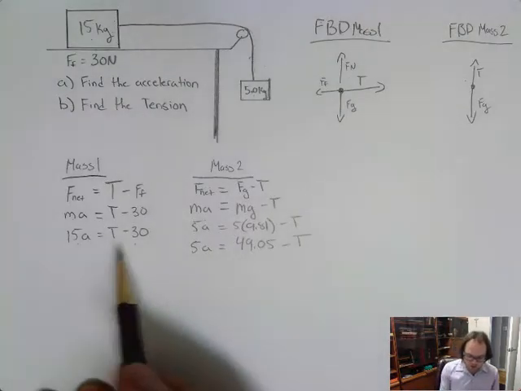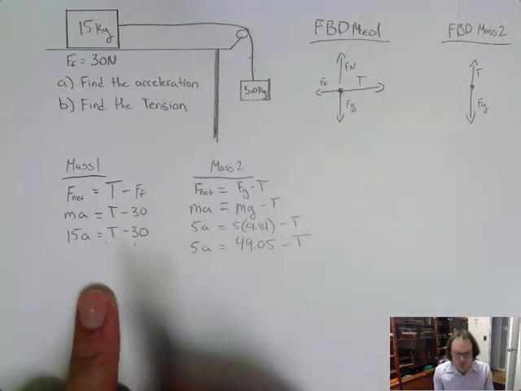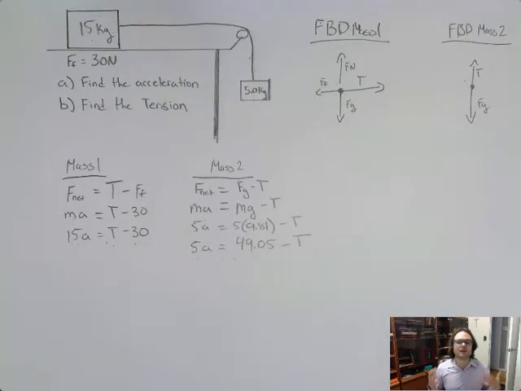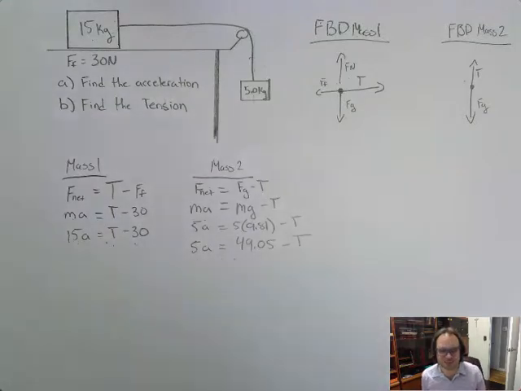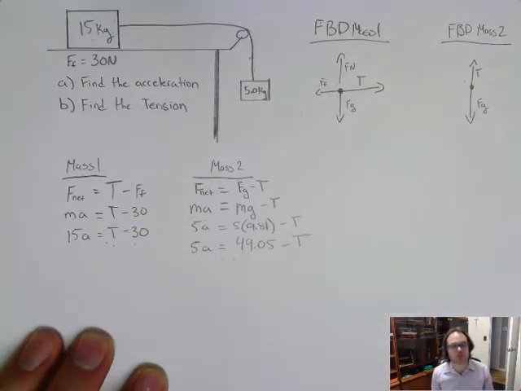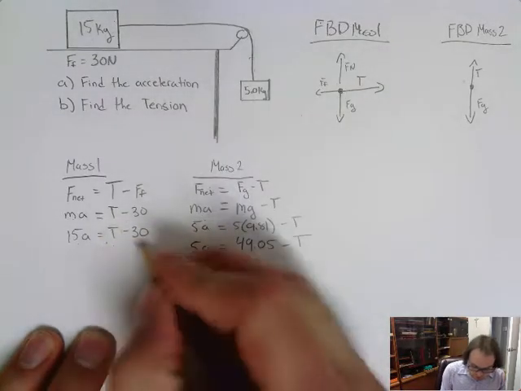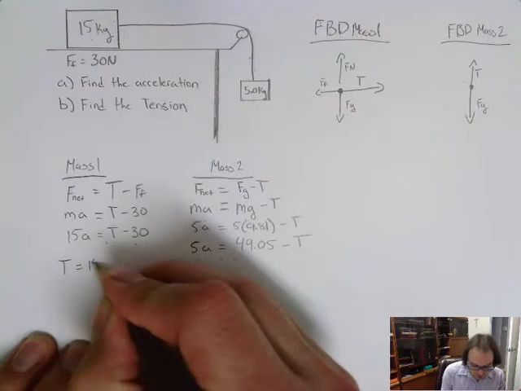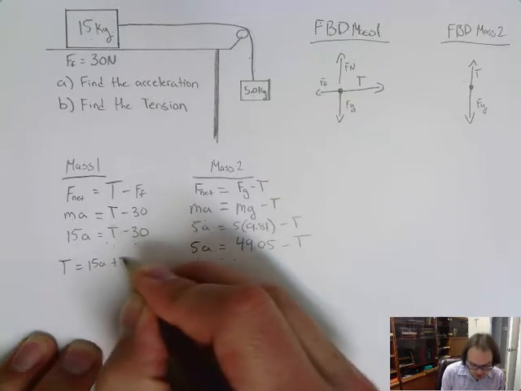Now, we look at this here, we have two different equations with two different variables. So we could combine these equations in a system of equations. I'm going to solve for T here and use substitution. If I just add 30 to both sides, I'm going to get tension is equal to 15 times acceleration plus 30.